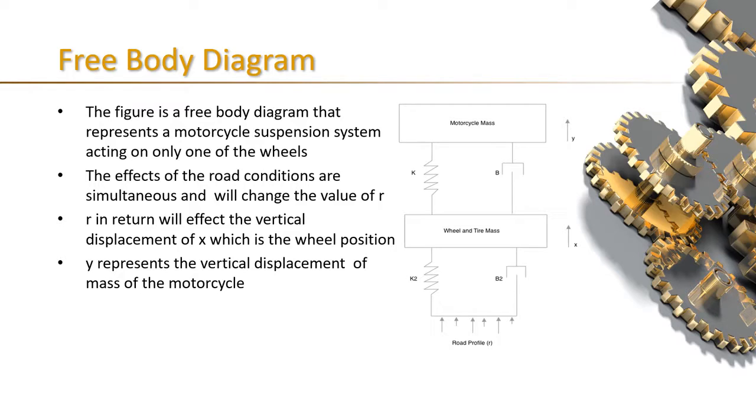Under the wheel and tire mass, you have another spring and damping system, and the spring is very, very small. It's mostly a damper for the most part. After the spring and damper, you have a road profile, represented as R. Now, the road profile can change at any time and at any minute.